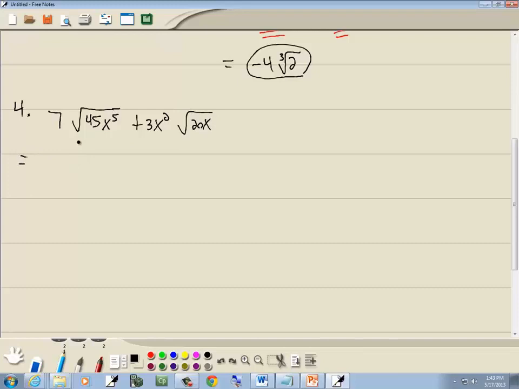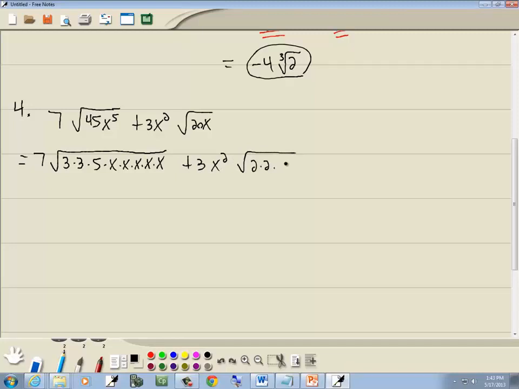Well, obviously these aren't the same, but we can do a little bit of simplifying. 45, that's 3 times 3 times 5, and 5 x's. I'm going to write them out, though we know there's a shortcut for that we saw in a previous lesson. And plus 3x squared, square root of 20, 2 times 2 times 5 times x.